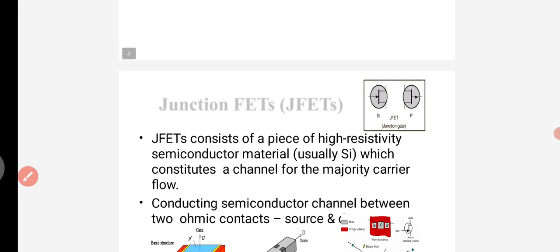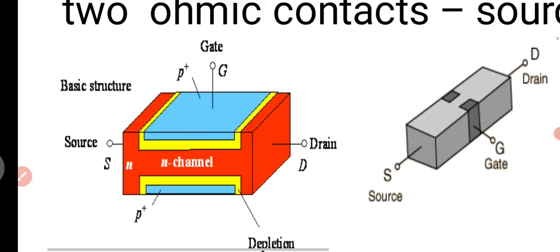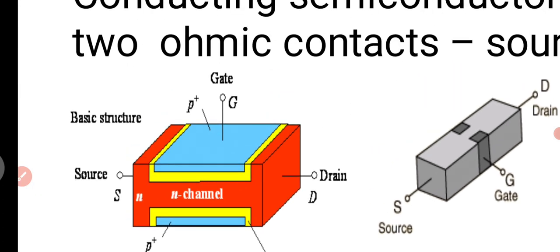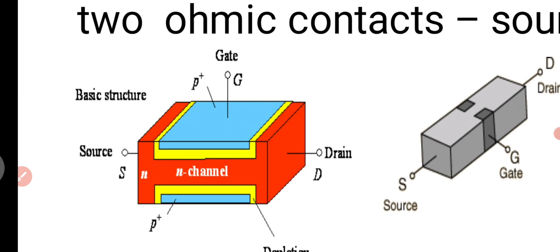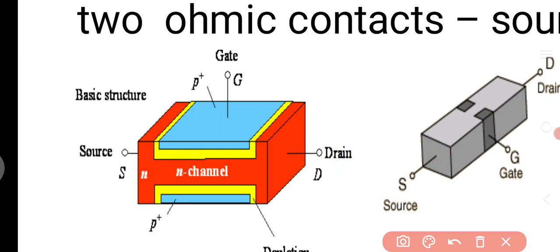So now this is the diagram for the basic structure of the N channel JFET. Here you can first take one substrate. This total will be our substrate. Again, this FET has three terminals just like a transistor: gate, source and drain.